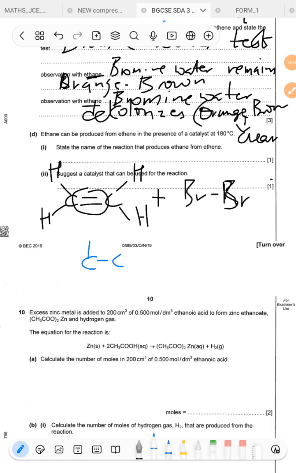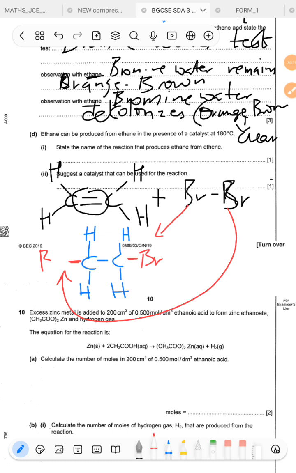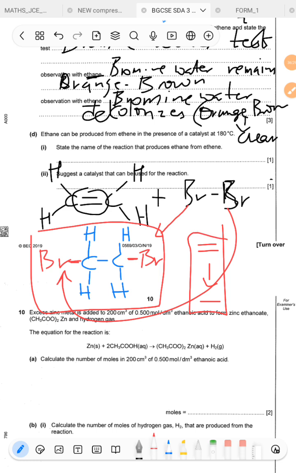I'm just going to redraw this. Now we have removed the double bond, and you do realize that we have created an extra space here. This is where the bromine can bond onto that structure, then the other one will come this side and bond onto that structure. Therefore this reaction is possible because you can convert the double bond into a single bond, creating two new spaces there.